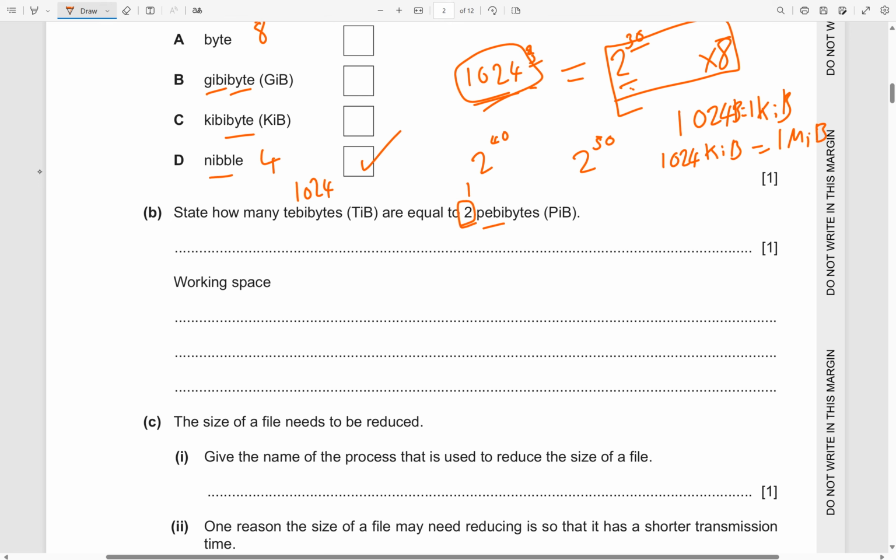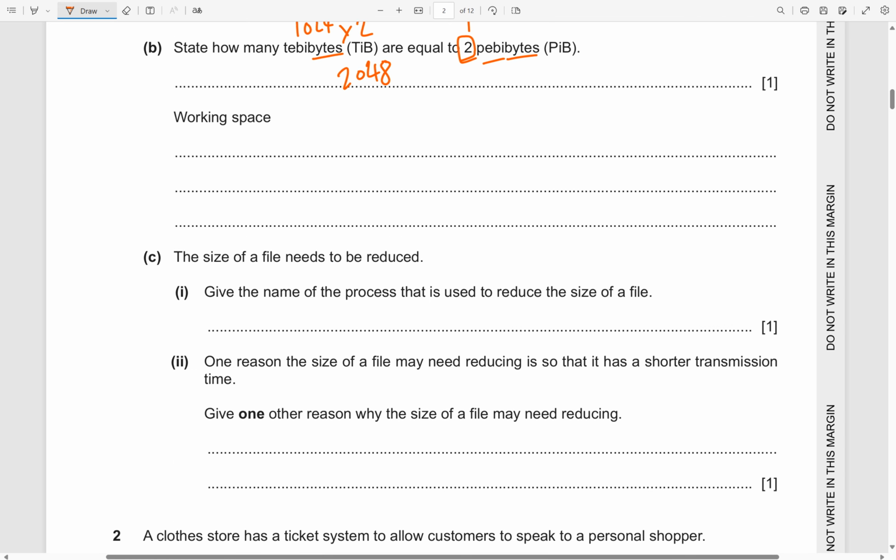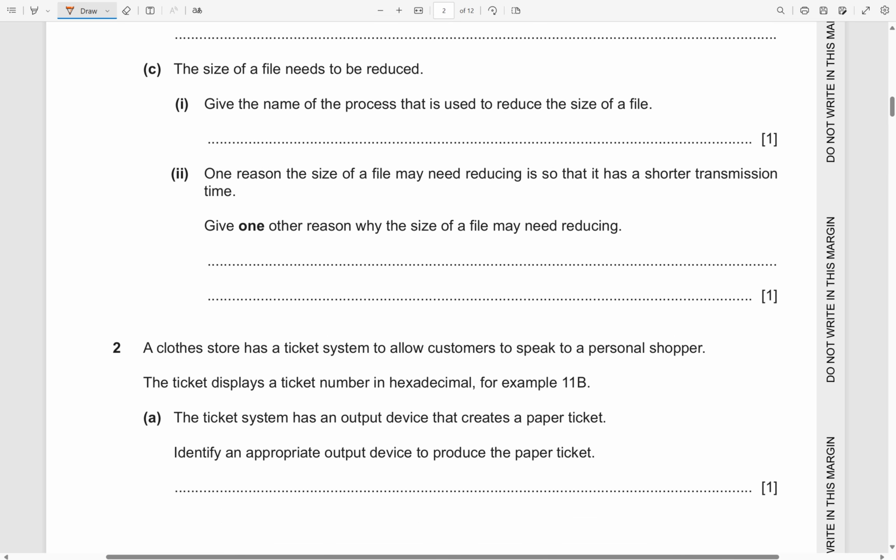Because we have 2 of these, we multiply that by 2, so our answer is 2048. Because these are both in bytes, we don't have to do any conversion there. They did give us some space for working as well.